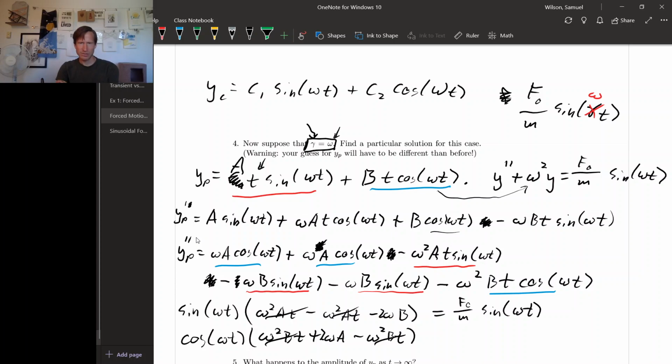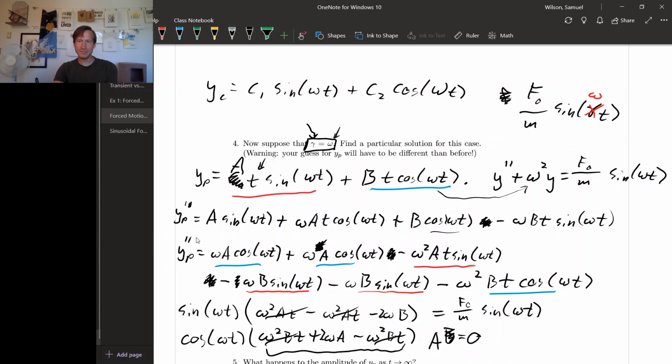Okay. So comparing coefficients, let's compare coefficients on cosine first, because a has to be 0 for this stuff in parentheses to be equal to 0.